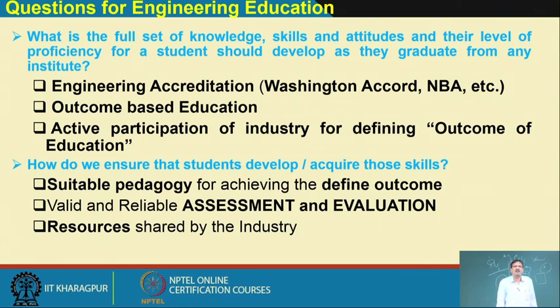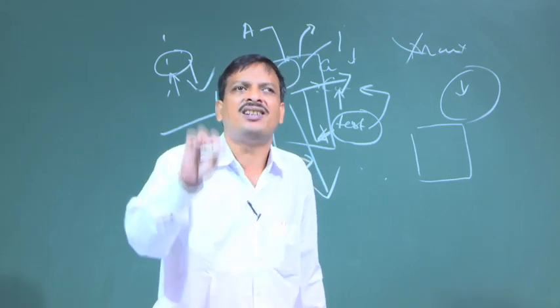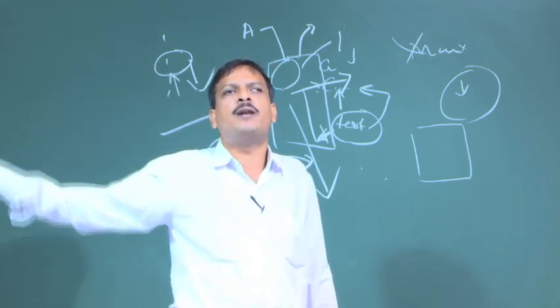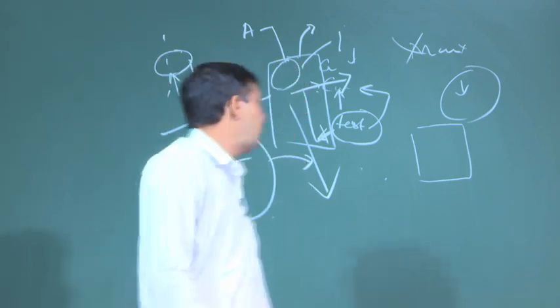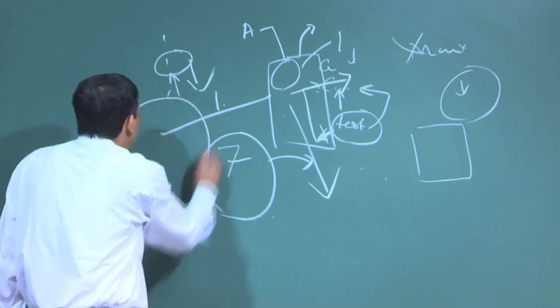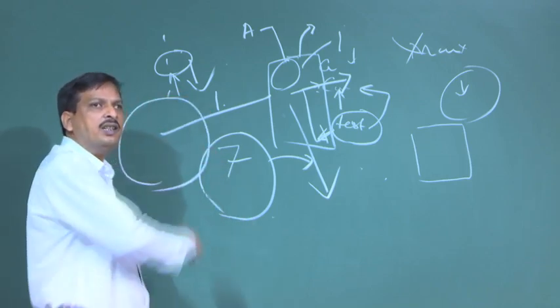What does accreditation say? It defines the minimum skill that should be acquired by a graduate engineer, that means a 10 plus 2 plus 4 year engineer, as defined by the Washington Accords or NBA guidelines. So, if I say my program is NBA accredited, that means my program guarantees the minimum skill set required for students to become graduate engineers, and I ensure that it is developed in the students. Then the procedure for development of the skill required by industry is fulfilled.